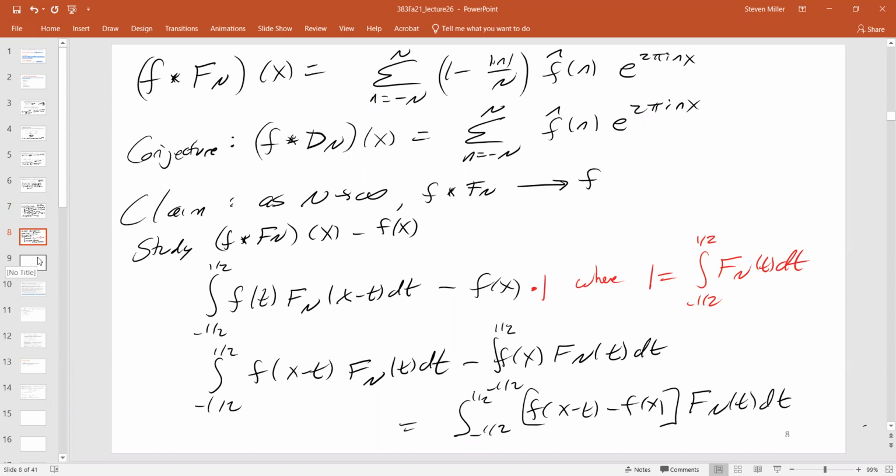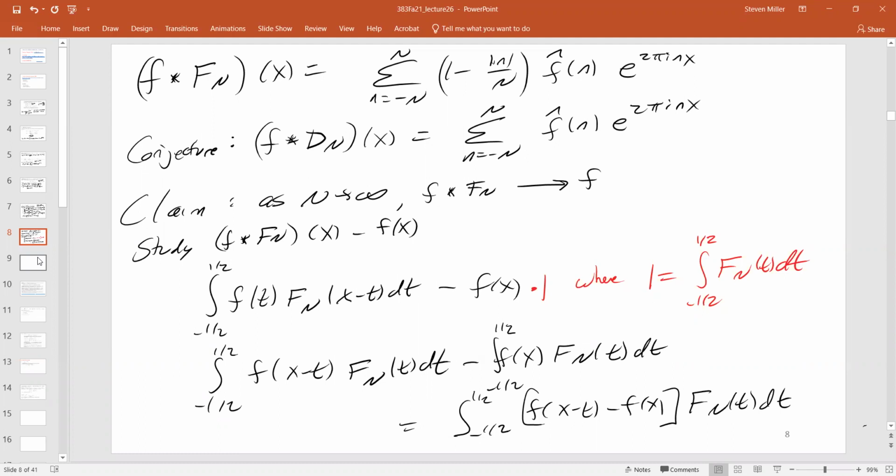Right, and that's the brilliance here. This is why I want to write my convolution not as f of t fn of x minus t, but as f of x minus t fn of t.